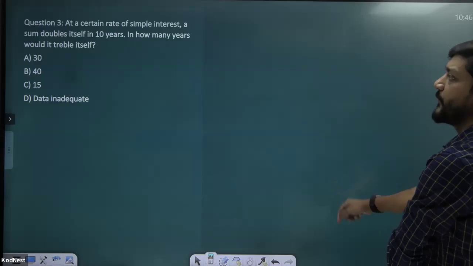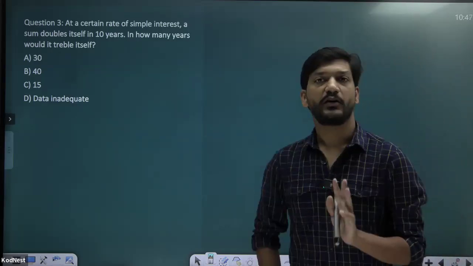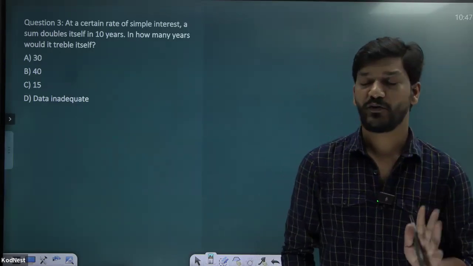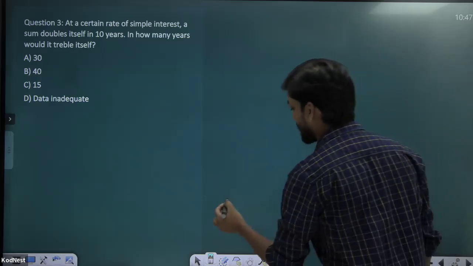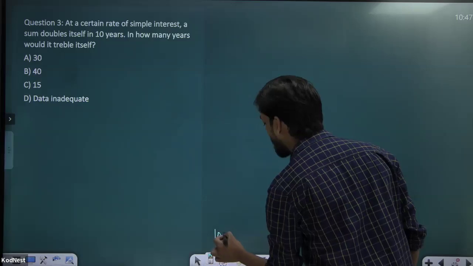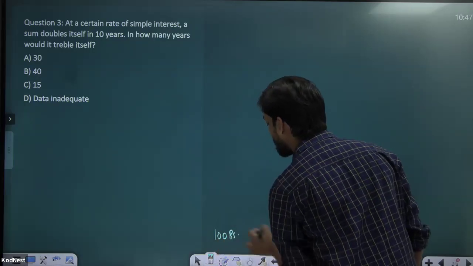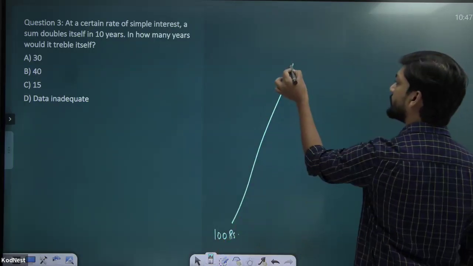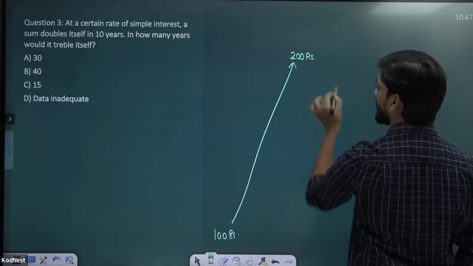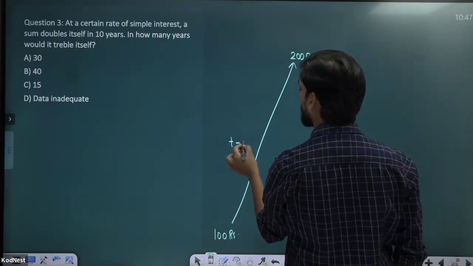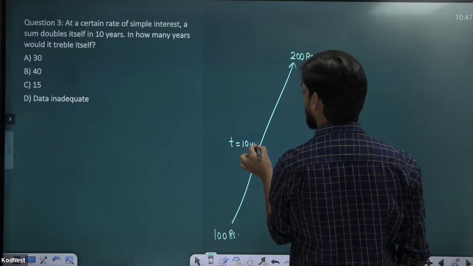So let's see. At a certain rate of simple interest, what is that rate of interest? I don't know. A sum doubles in 10 years. Okay, so that means if I take 100 rupees, this 100 rupees will double. Double means 200 rupees in a time of 10 years.